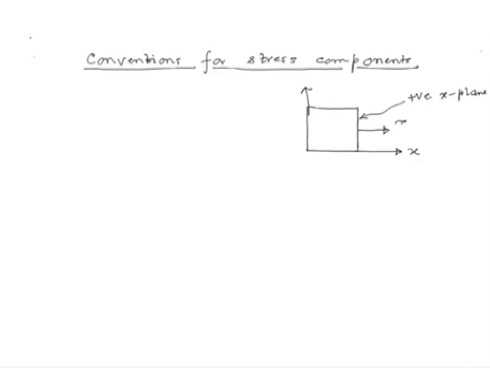So the stress component here is referred to as tau xx, the normal component on this face, and it would be considered positive if it is aligned in the x direction. Similarly, we have a shear component on this surface directed in the y direction, let us call it tau xy.